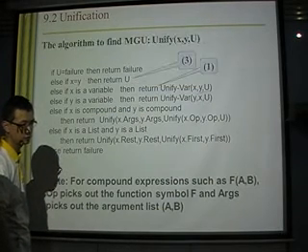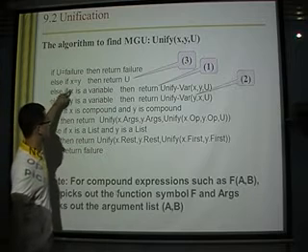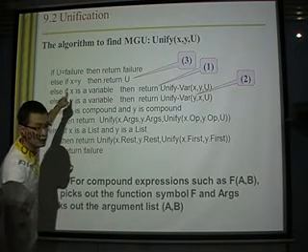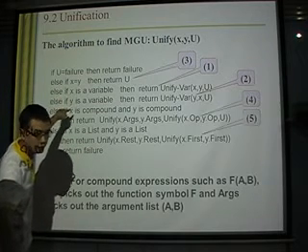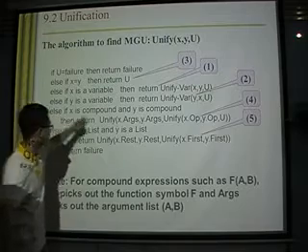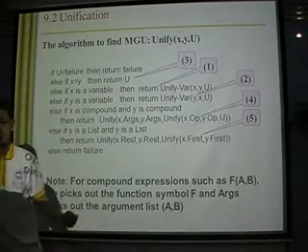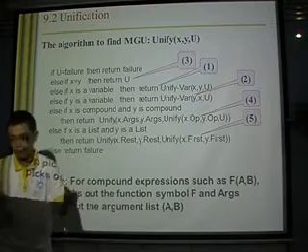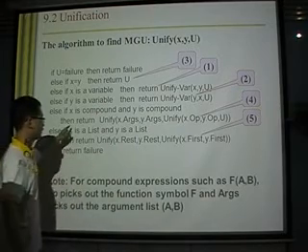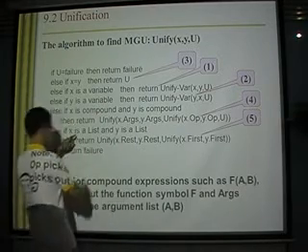So we have the algorithm for when they are the same and when either of them is a variable. And if both of them are compound sentences, we break them into lists of arguments and compare them one by one. This is done by this line.